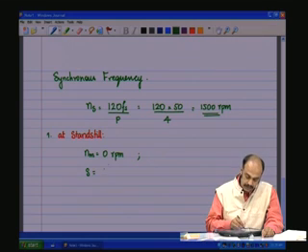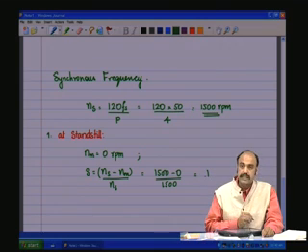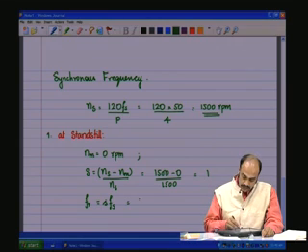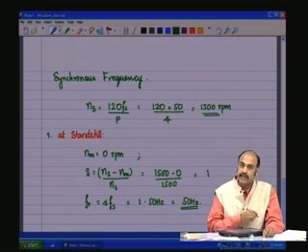Slip S is equal to ns minus nm by ns, and that is equal to 1500 minus 0 by 1500, and that is equal to 1. Slip is equal to 1. So what is the rotor frequency Fr, which is equal to slip times the stator frequency, which is 1 into 50 hertz, which is equal to 50 hertz. So the rotor currents are having a frequency of 50 hertz at standstill.